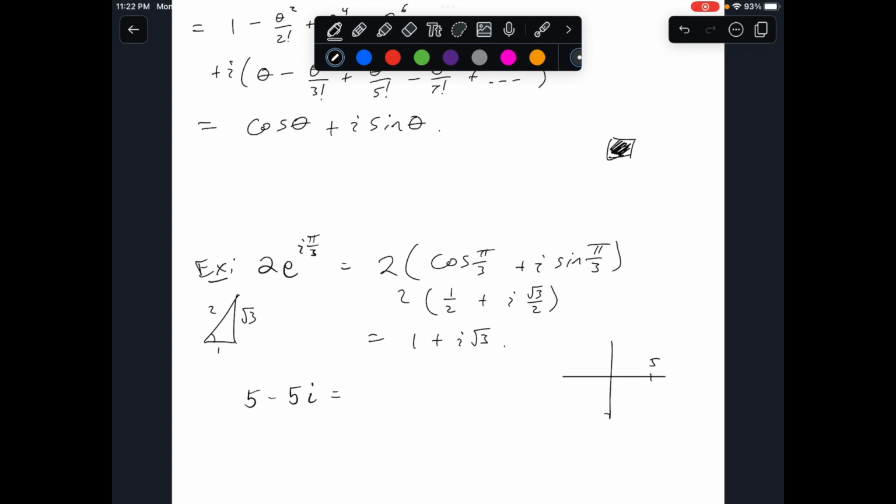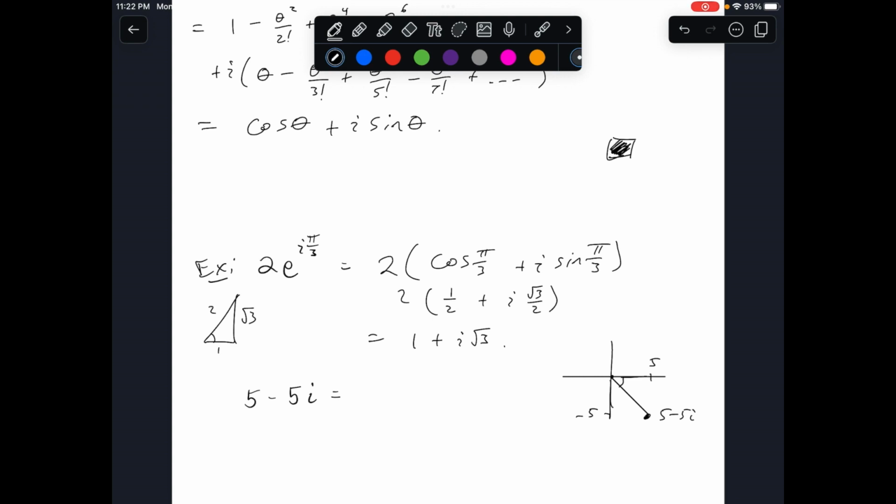So here's 5, here's minus 5i, and so here's 5 minus 5i. There's going to be a distance to the origin for this guy, and then there's going to be an angle with the positive x-axis or real axis. So you could represent that angle like so, or you could just use a negative angle right here.